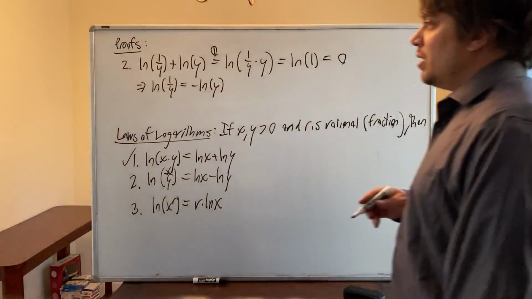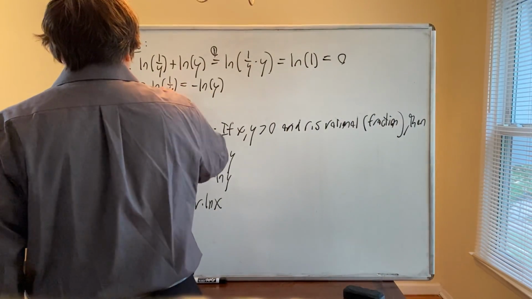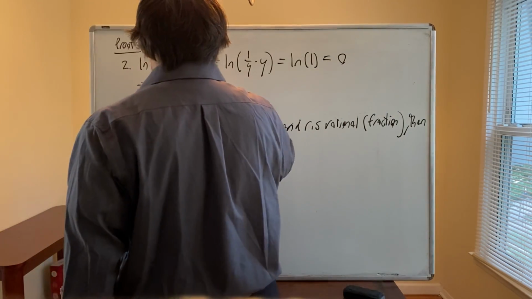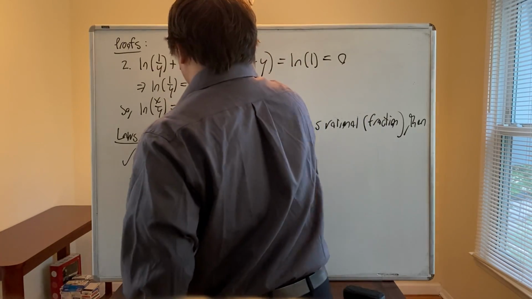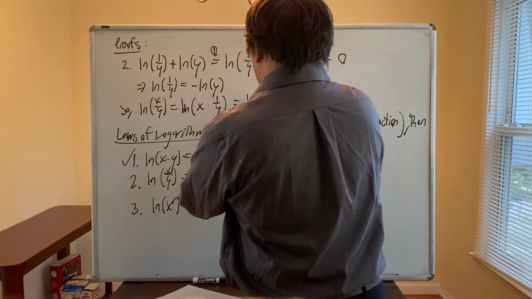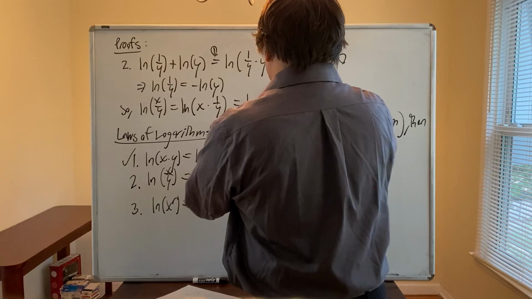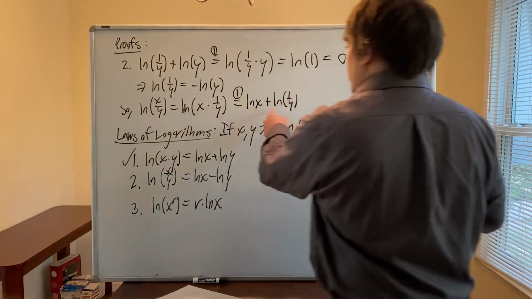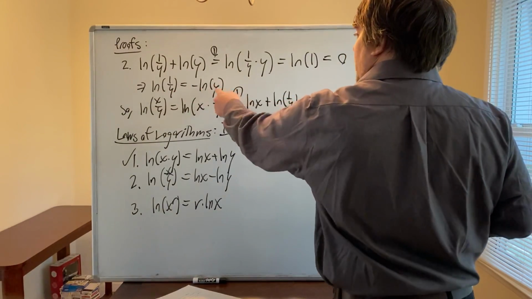Okay? So, ln of x over y is equal to ln of x times 1 over y. And by property 1, ln of x times 1 over y would be ln of x plus ln of 1 over y. But now, ln of 1 over y is equal to negative ln y.